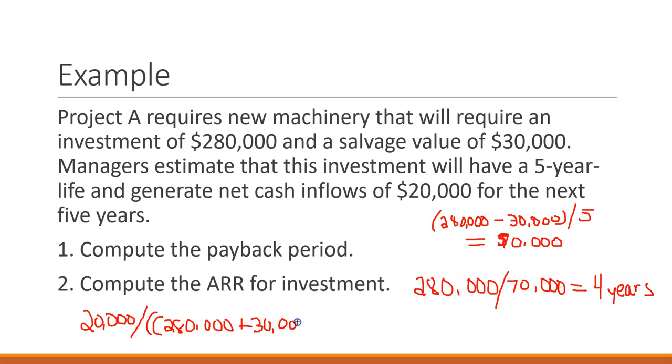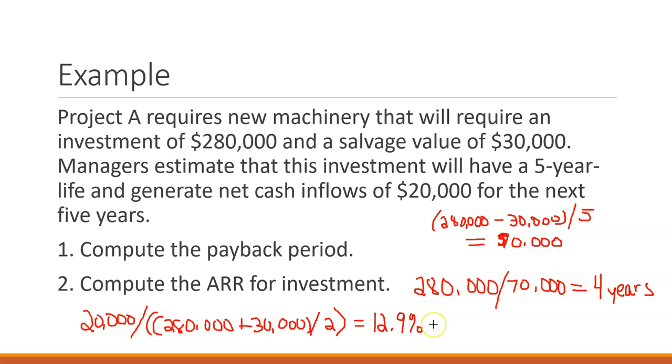So 280,000 plus 30,000 divided by 2. We calculate that out and we get an annual accounting rate of return of 12.9%.